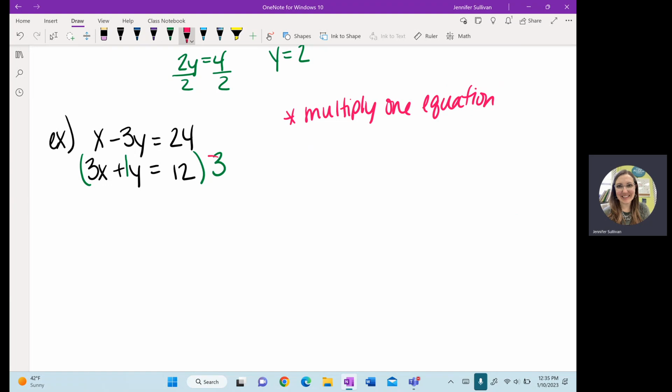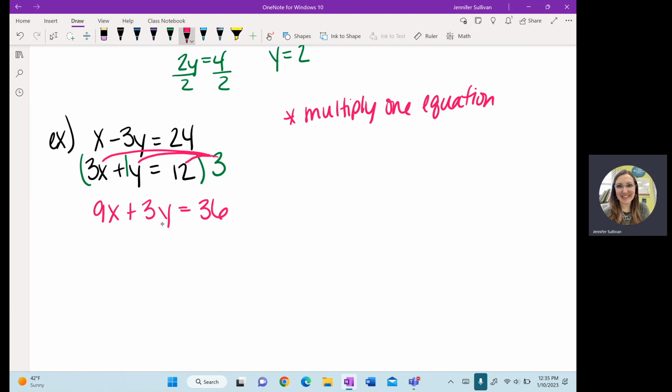So we have to distribute this 3 to all parts of the equation on both sides of the equal sign. This is going to turn it into a 9x plus 1 times 3 is 3y, and 12 times 3 is 36. This is my new equation.